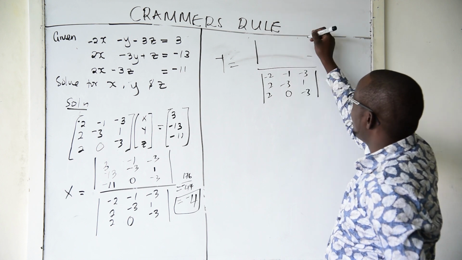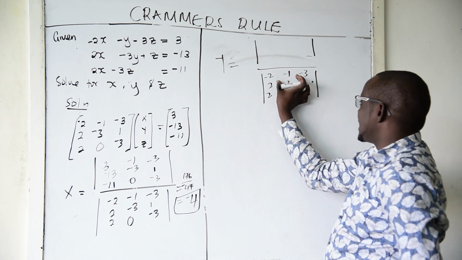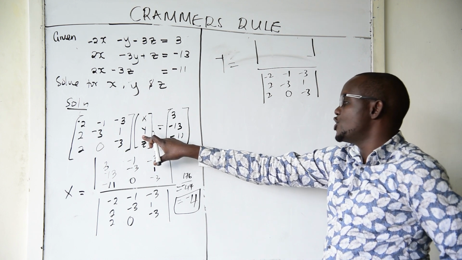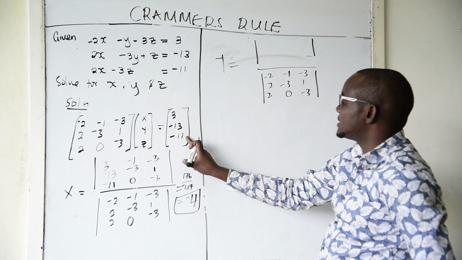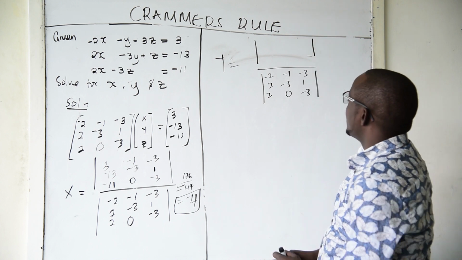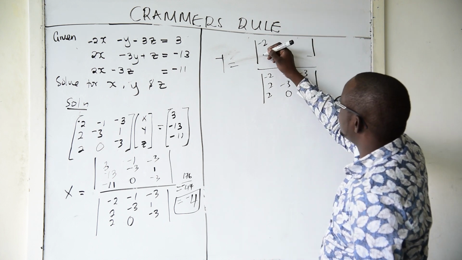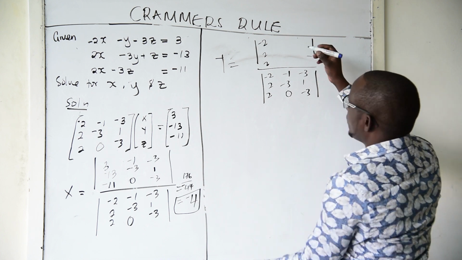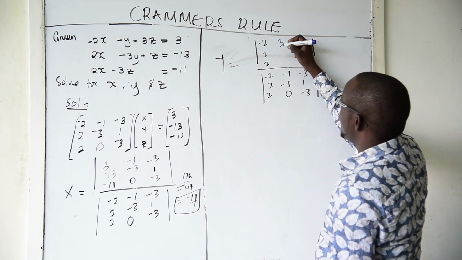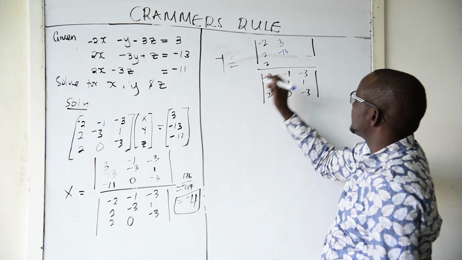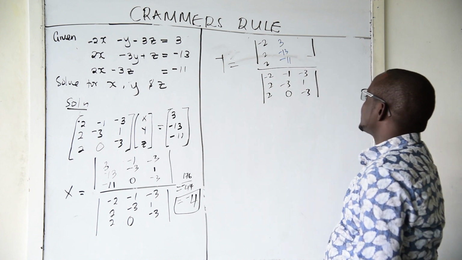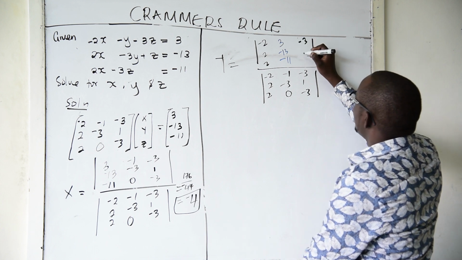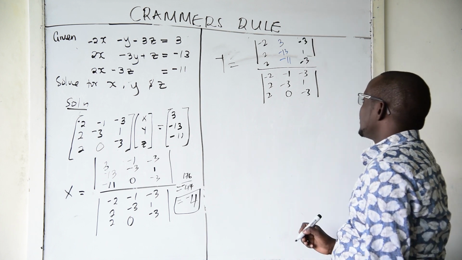The denominator is the same, only that since this is the second unknown, we use this as our second column. So we maintain the first column as negative 2, 2, and 2. The second column becomes 3, negative 13, negative 11. The third column remains the same: negative 3, 1, negative 3.